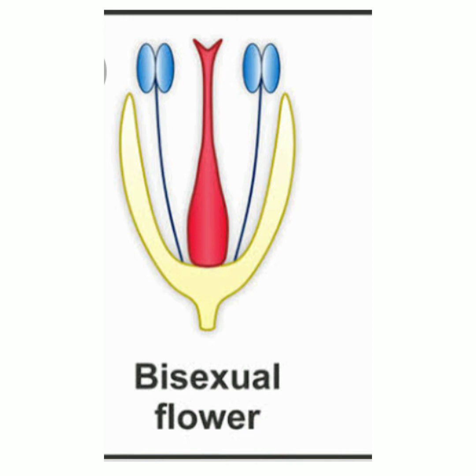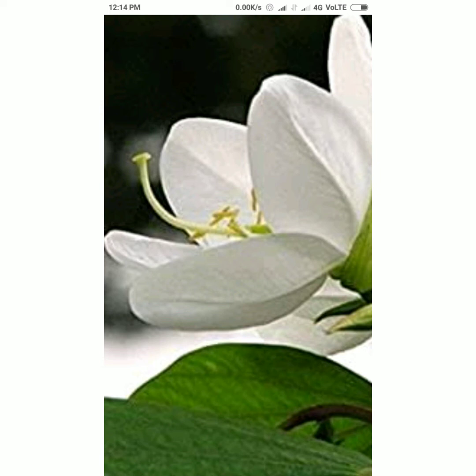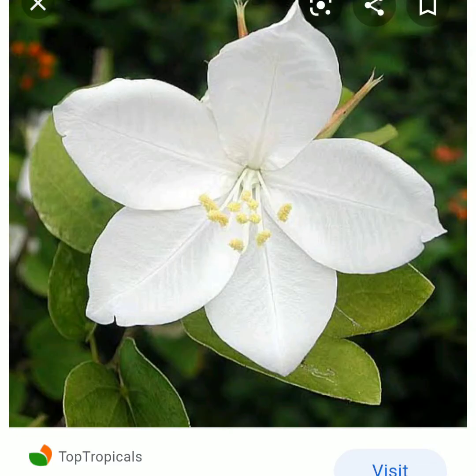So in a bisexual flower, there exist both androecium and gynoecium, both male and female reproductive organs, in a single flower. For example, brinjal, hibiscus, lady's finger, chilli flower, etc. These all have both stamens and pistils in a single flower.